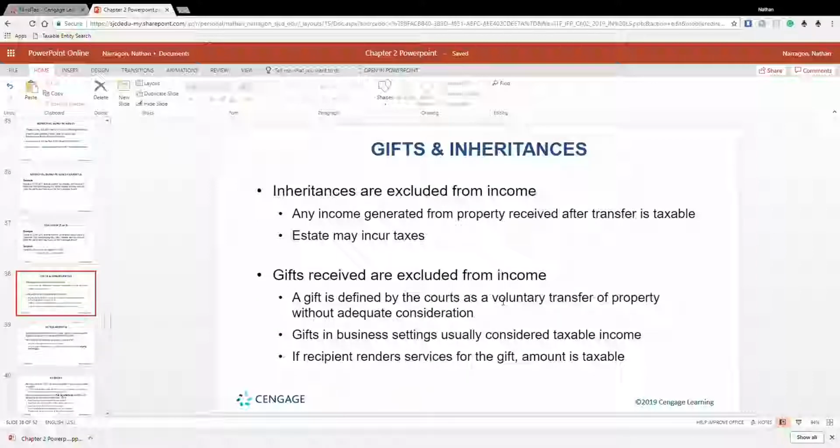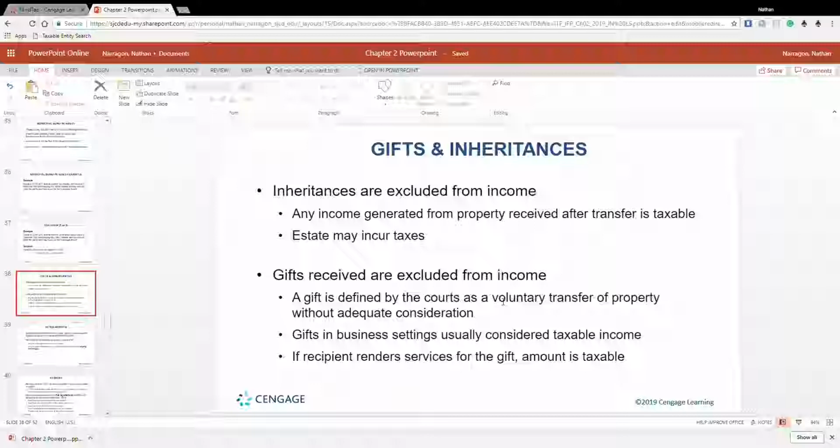So gifts and inheritances. We're done with interest, done with dividends. Now we move on to a different form of income: gifts. Prizes and gifts are two separate things. Prizes we won, gifts somebody actually gives to us. Inheritances are excluded from income, so don't worry if you have any inheritance that comes to you.